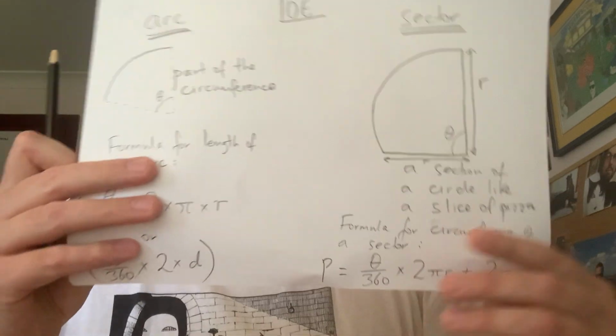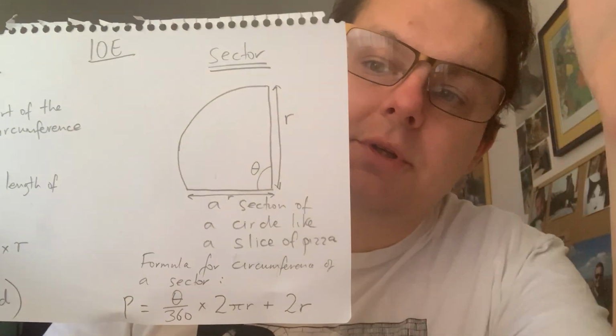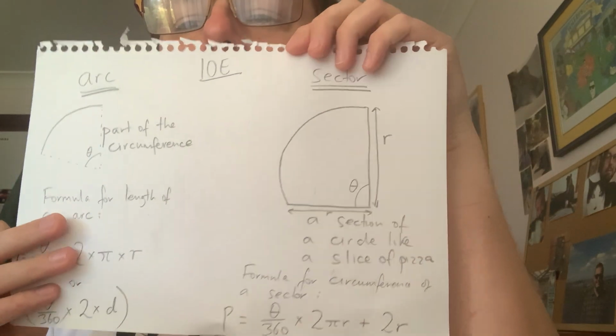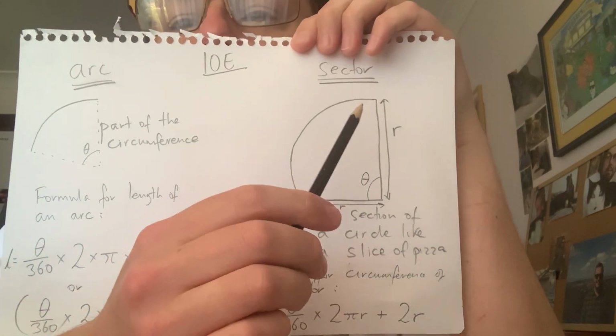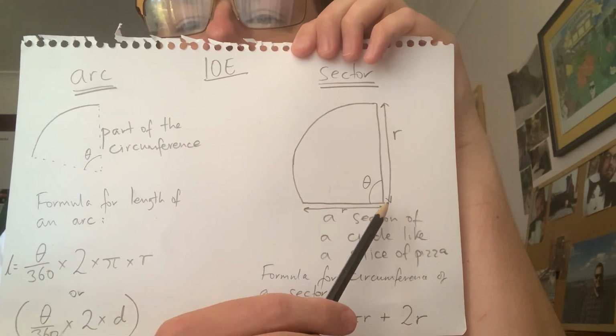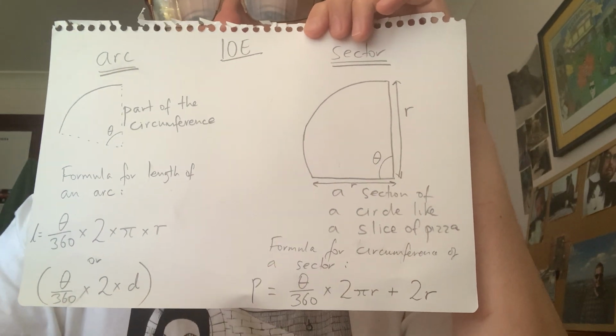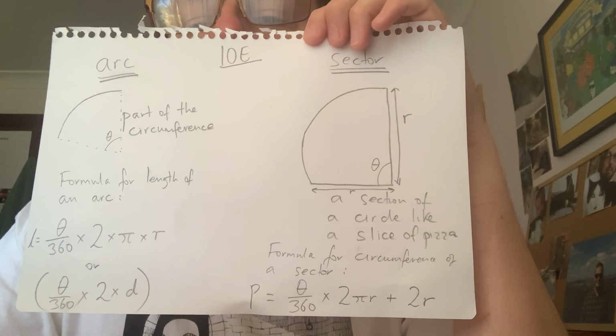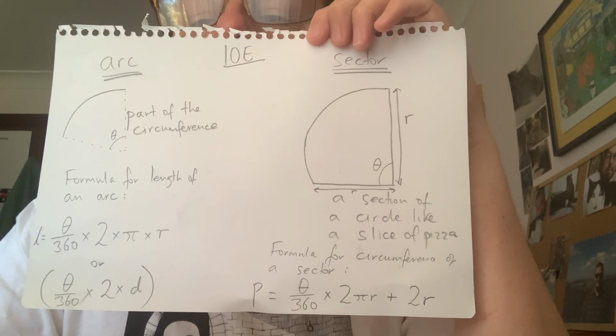Okay. Now, there's going to be another formula today, which is working out the perimeter of a sector, which is the arc plus those two radii. Well, it's even more complicated, but there's only one new thing.